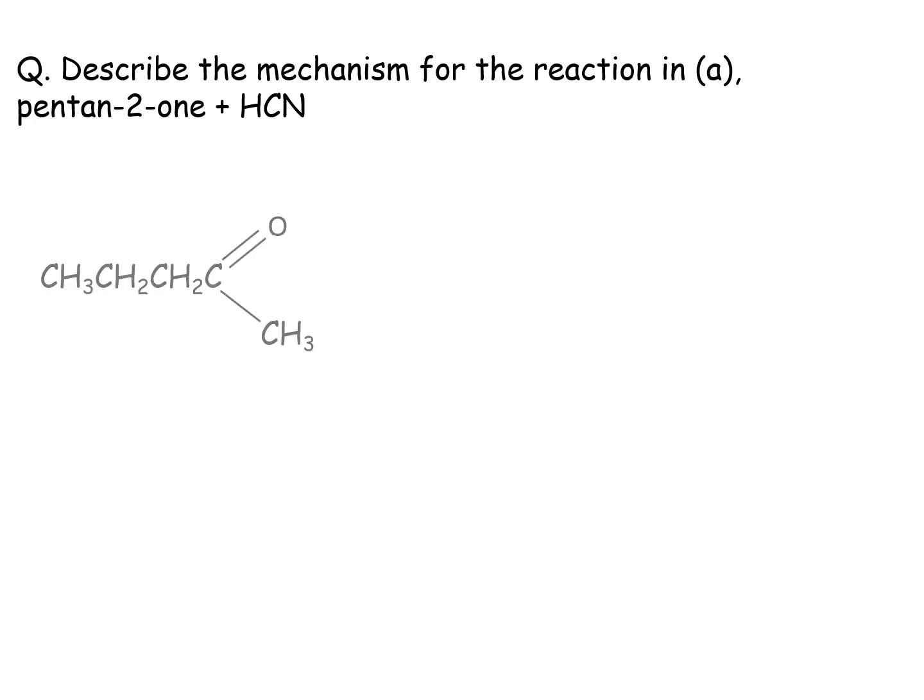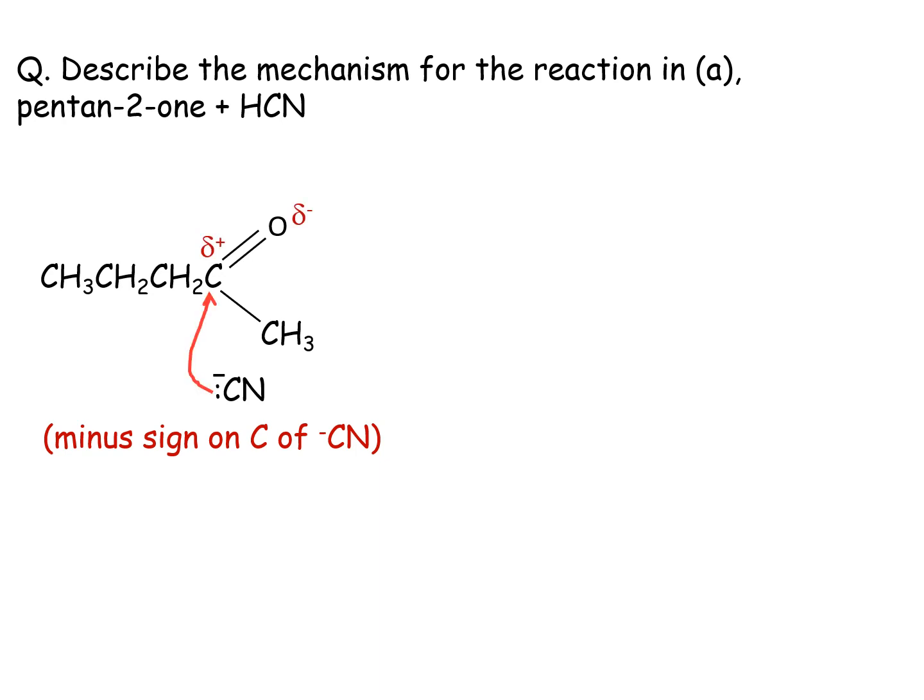Just a little bit of repetition here, so you don't have to draw this out, but let's just put the mechanism out there again. So you've got your permanent dipole, attack of the nucleophile, breaking of the pi bond, intermediate.